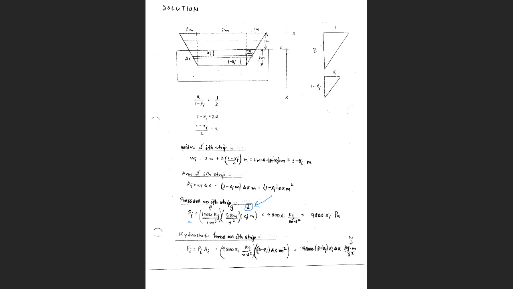But with metric units, you take the density of your water, multiply it by acceleration due to gravity, and then multiply that by the distance that layer of water is from the water line.